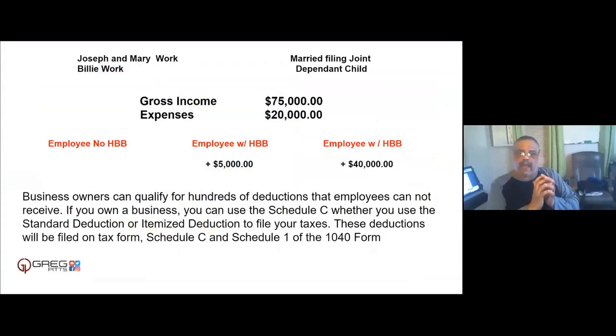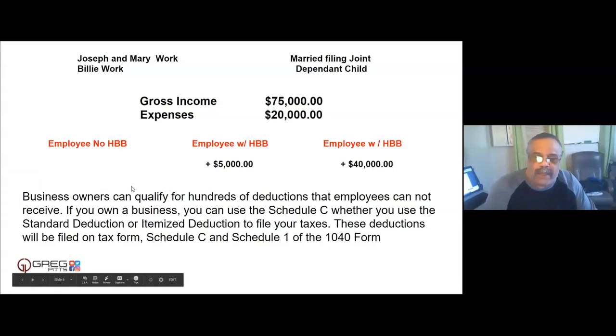We're going to talk about a household that's got $75,000 from a job, but they have $20,000 in expenses. You're all going to have expenses: your cable TV, your electricity, gas, water. It adds up to $20,000 worth of expenses. First, someone without a business.